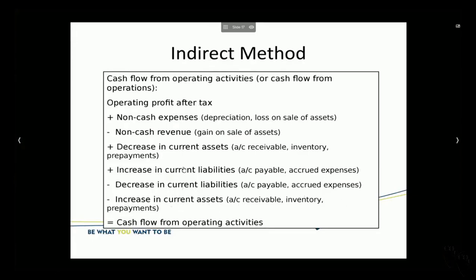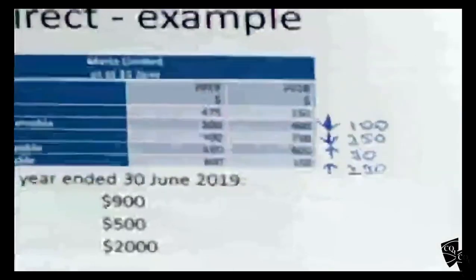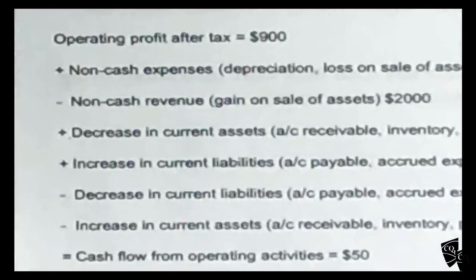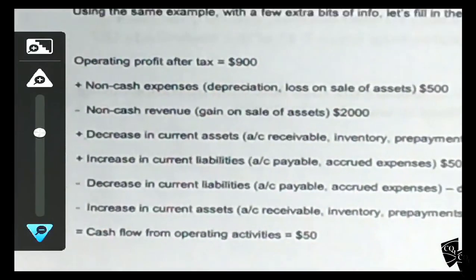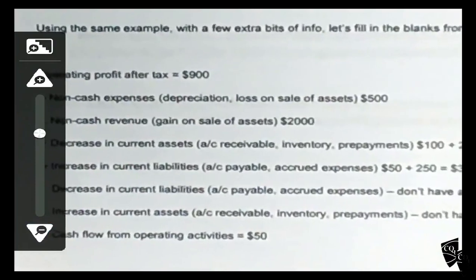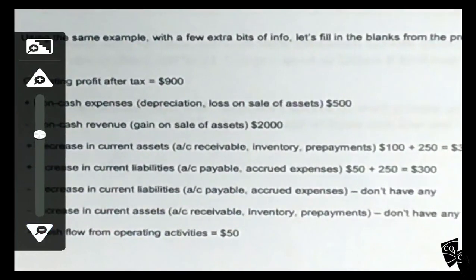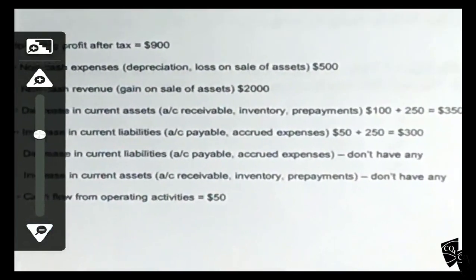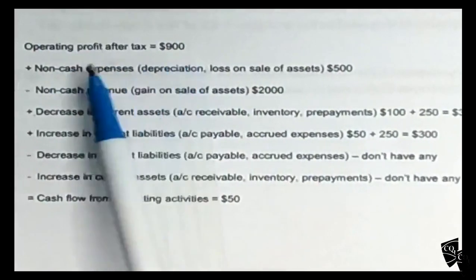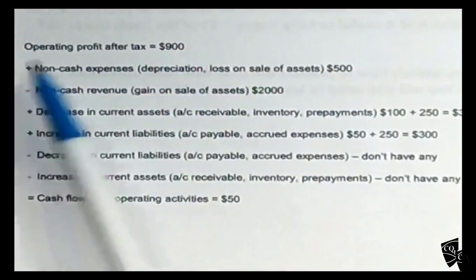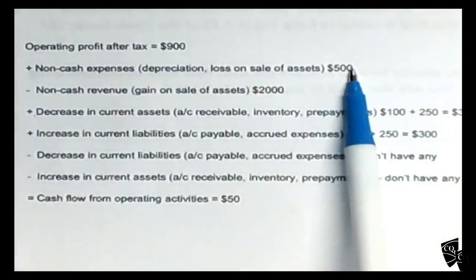So now we've got figures, and we can simply do the maths. Operating profit after tax, 900. I'll flick to my document camera because I've actually got it listed here for you, so we can check that you've been writing it correctly. So we've got operating profit after tax, 900. We add the 500 depreciation.